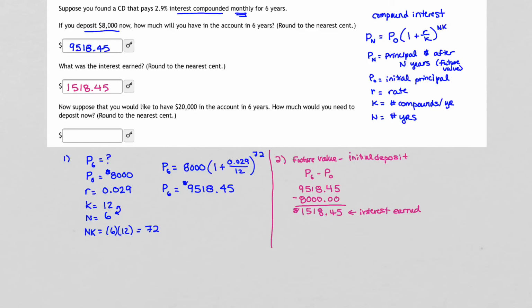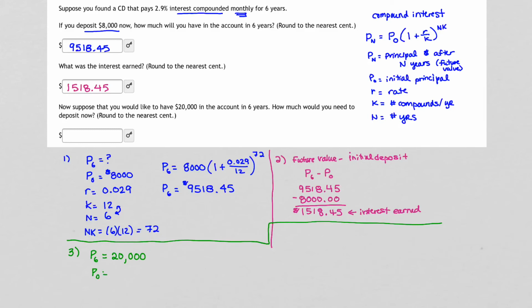So this is a slightly different approach than we've taken before. Part 3. This time we're told our future amount. Namely, in 6 years, we'd like to have $20,000. How much do we need to deposit now?